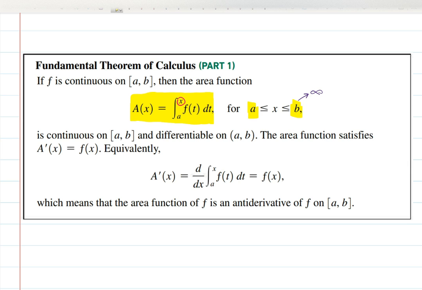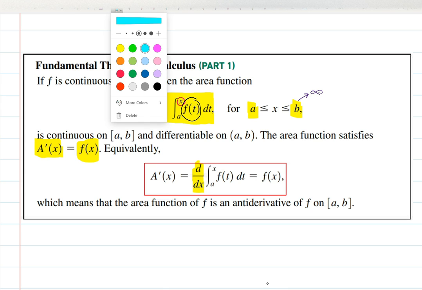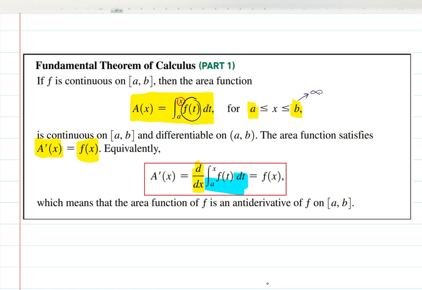The area function also satisfies the idea that if I differentiate this area, it gives me the original function f of x. So this is what we need you to know. If you want to differentiate the area function, that means you want to differentiate the integral. And when you're differentiating the integral with the variable upper limit, then you're getting the original function at that upper limit.